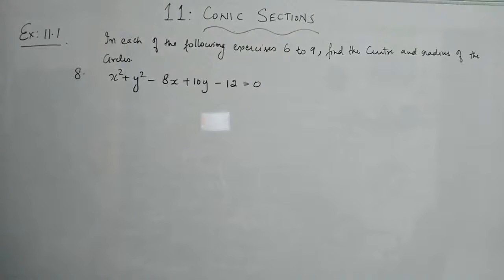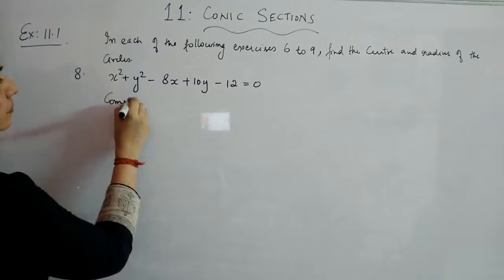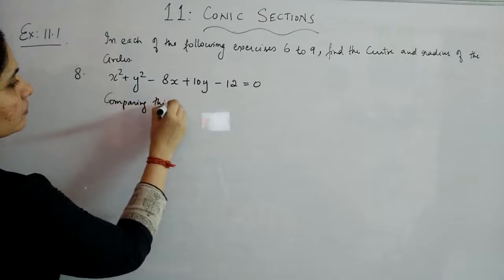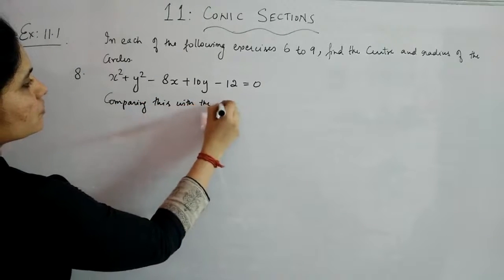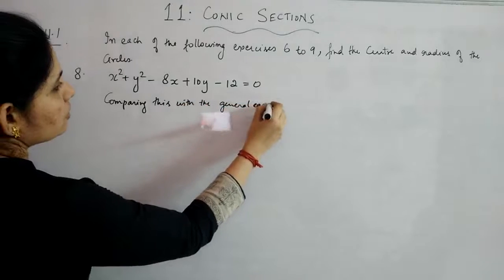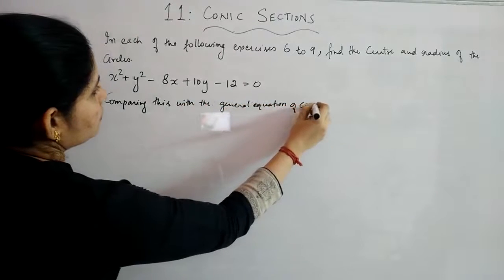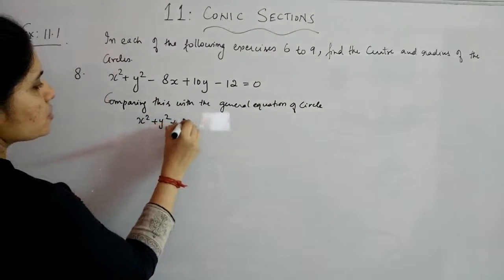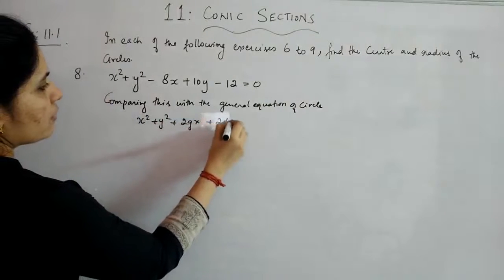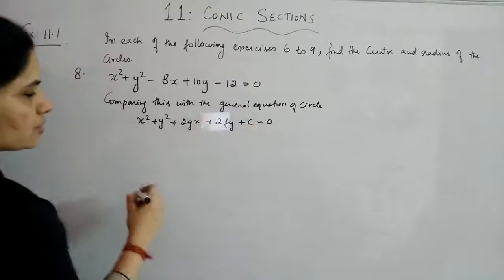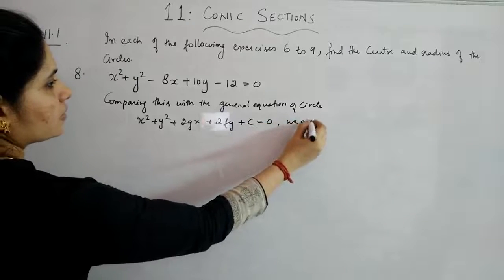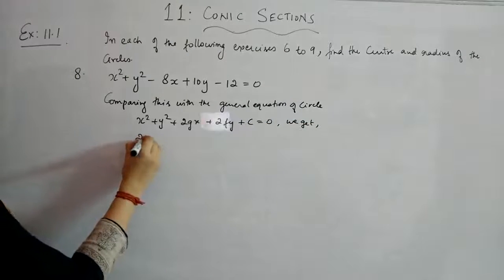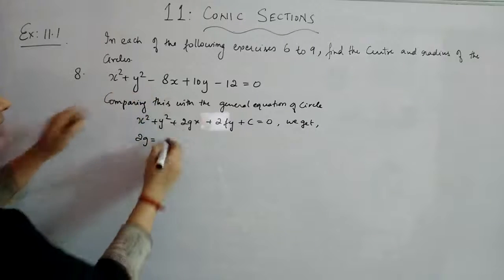Okay. 8th question is x square plus y square minus 8x plus 10y minus 12 equal to 0. Again, comparing this with the general equation of circle, that is x square plus y square plus 2gx plus 2fy plus c equal to 0, we get 2g is equal to coefficient of x, minus 8.